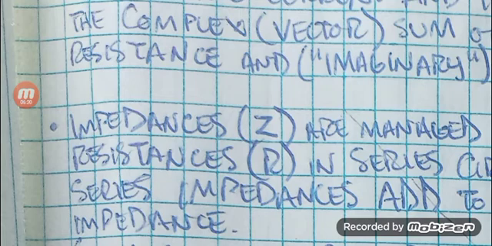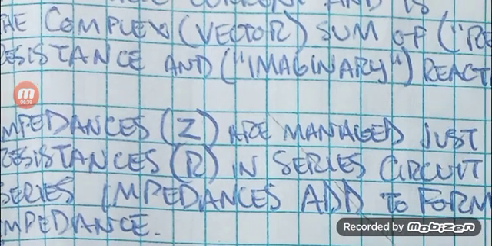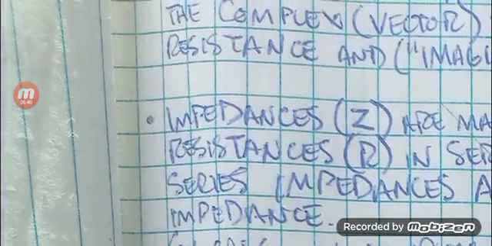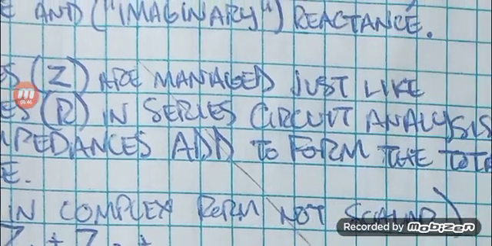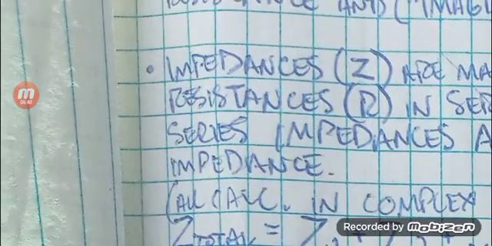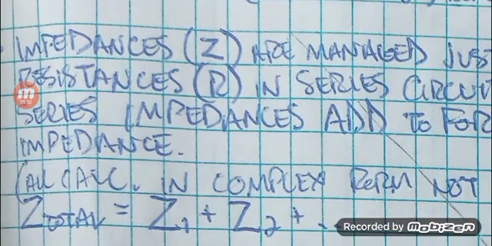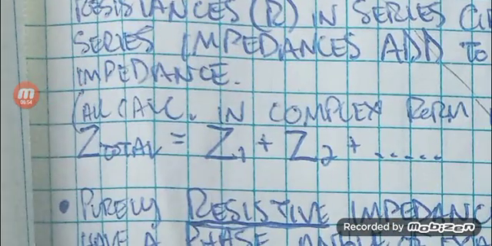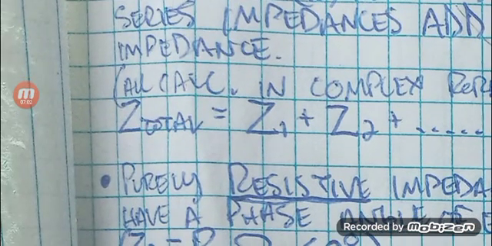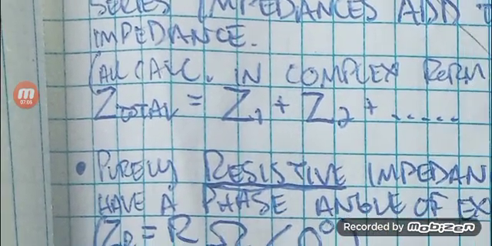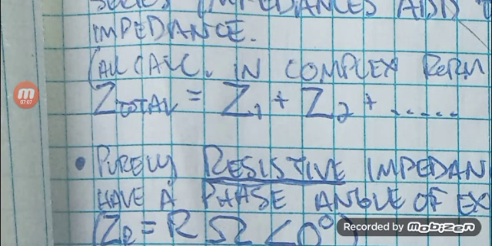Okay, impedances, which are represented by the capital letter Z, are managed just like resistances, which are labeled R, in series circuit analysis. Series impedances add to form the total impedance. All calculations in complex form, not scalar. Z total equals Z1 plus Z2, and so on.